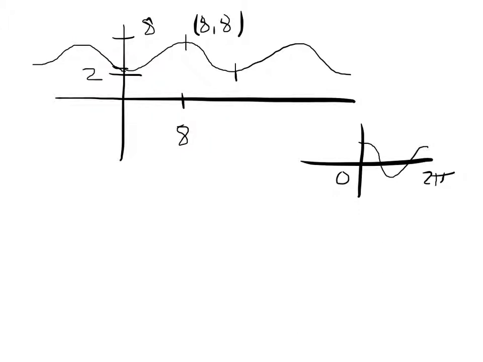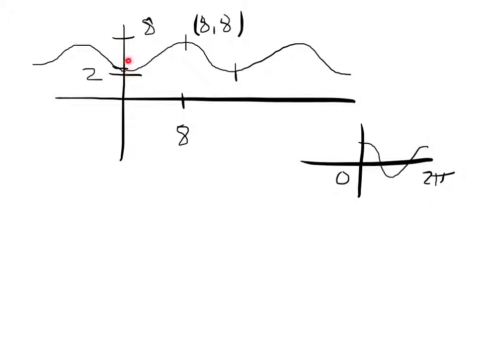Problem is I'm not sure where that is. I do know I am given these coordinates for a local max at 8, 8. I also could think about if I had my cosine curve with this point on the y-axis, if I slide it this many units to the right, then I get myself to 8, 8. So it looks like I could take a cosine graph and slide it 8 units to the right, and that's going to get my max moved over 8 units to the right.